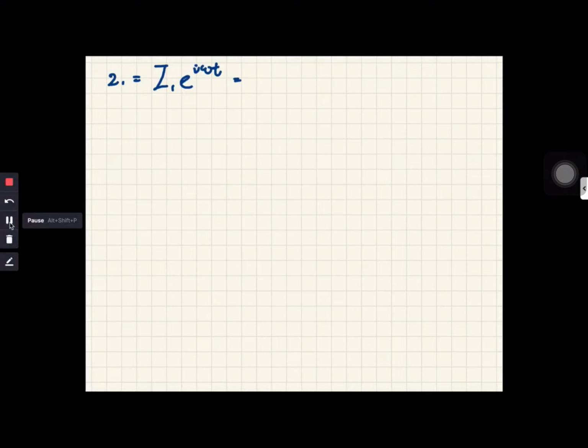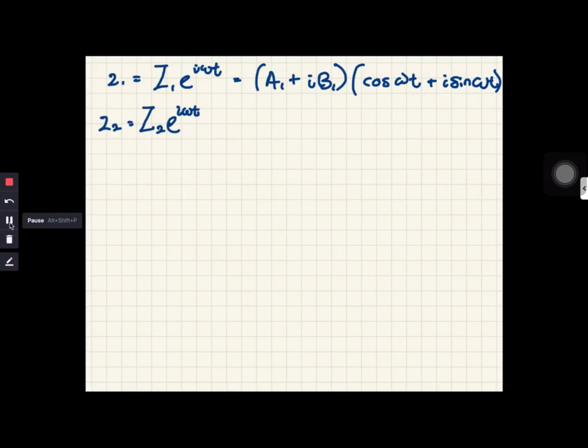We substitute the assumption that we put, A1 plus iB1, times, putting it back in terms of cosine and sine, cosine omega t plus i sine omega t. And then z2 will be capital Z2 exponential i omega t, same thing, we have A2 plus iB2, and again the same thing.